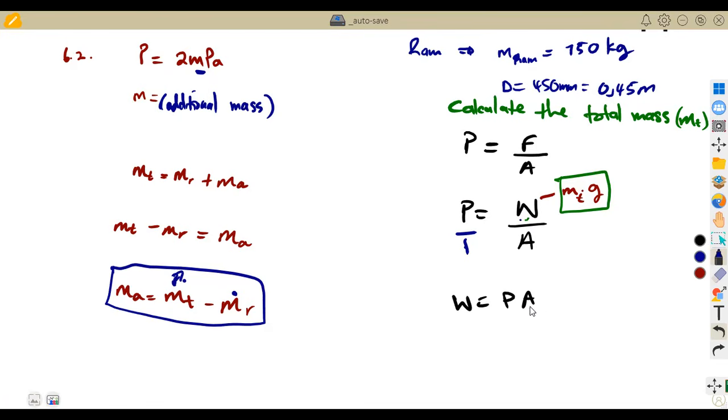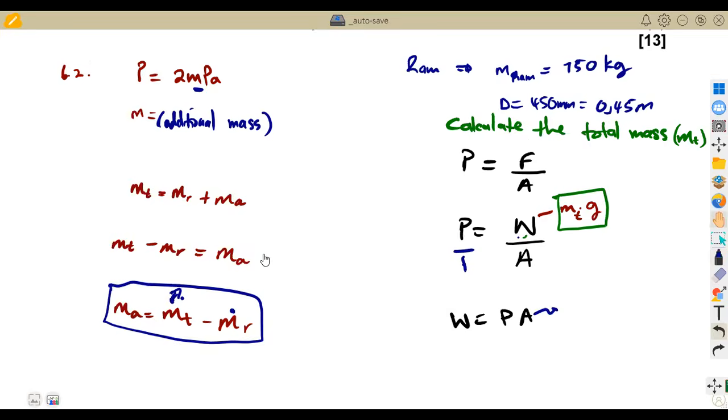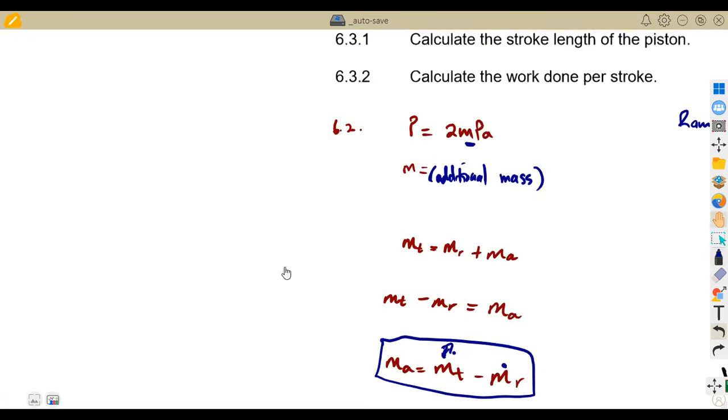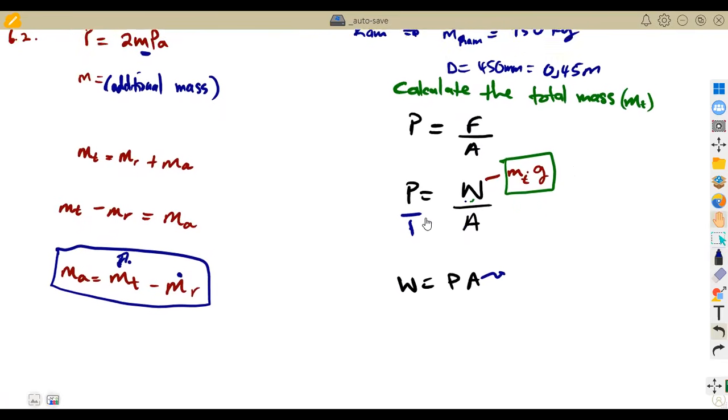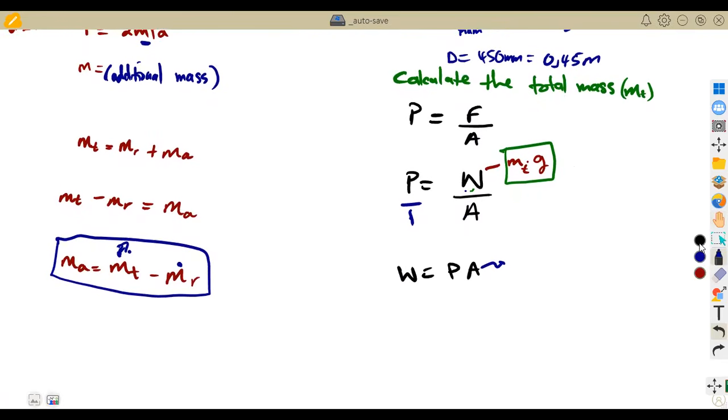Remember the area here: we've got the area that is pi d squared over 4. We talked about this earlier. Maybe I removed it, it's on the top, but the formula is pi d squared over 4. So the weight is equal to the pressure times the area, which is pi d squared over 4.